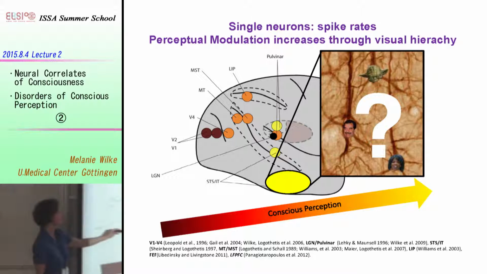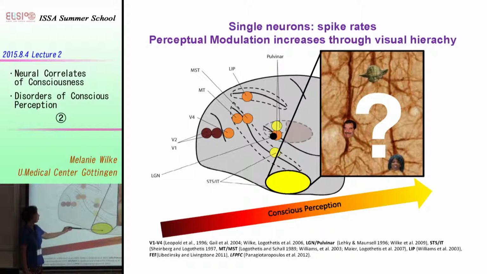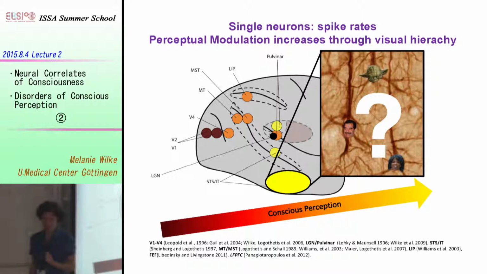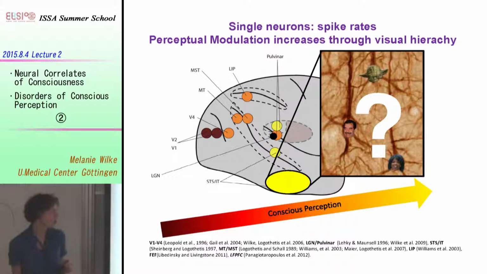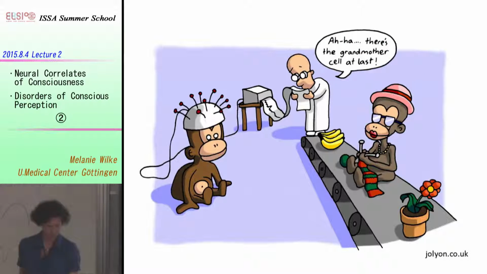So now a question arises: is this actually the point, once the processing has reached the temporal lobe stage, that the moment where your face perception, for example, pops out? So this is still the classical grandmother cell problem.